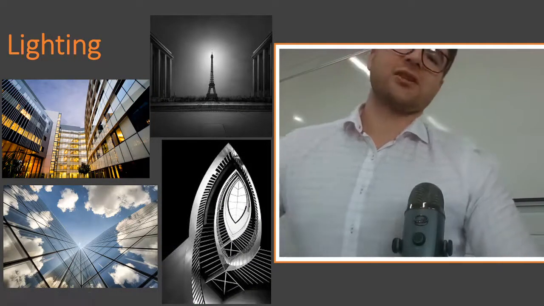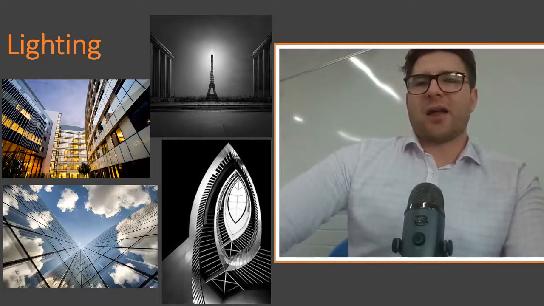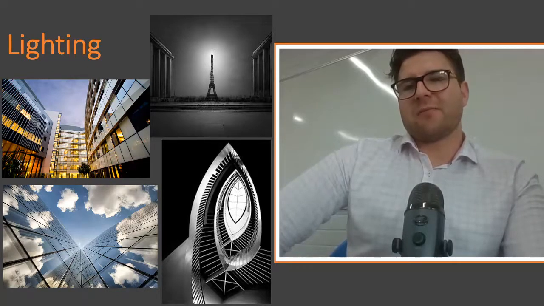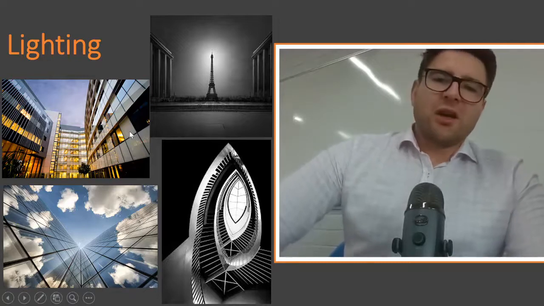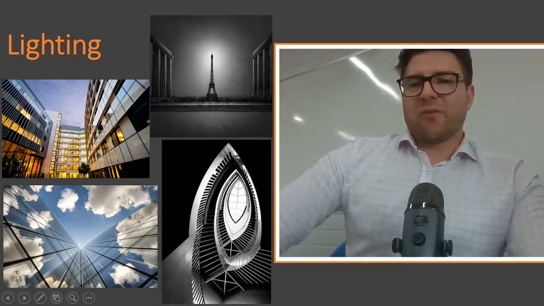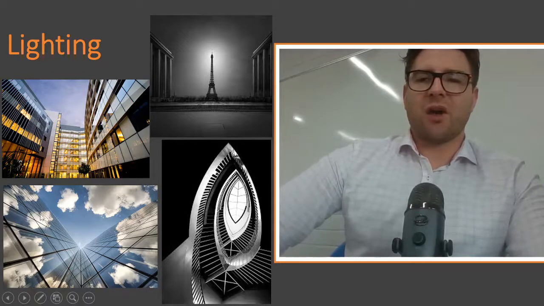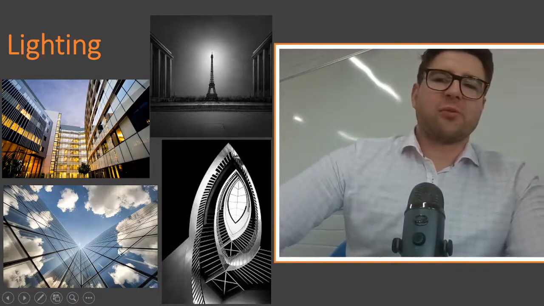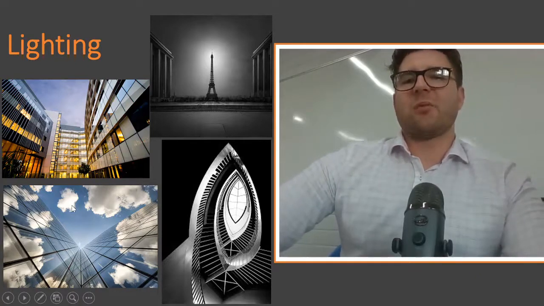So an architecture photographer has to be acutely aware of the lighting and the sources of light, the forms of light, and the effect that they have in their image. So for instance, if we look at this example here, it might be a typical example out on a sunny day, bright sky, clouds, find an interesting building and play off some reflection effects with the glass facade of that building.